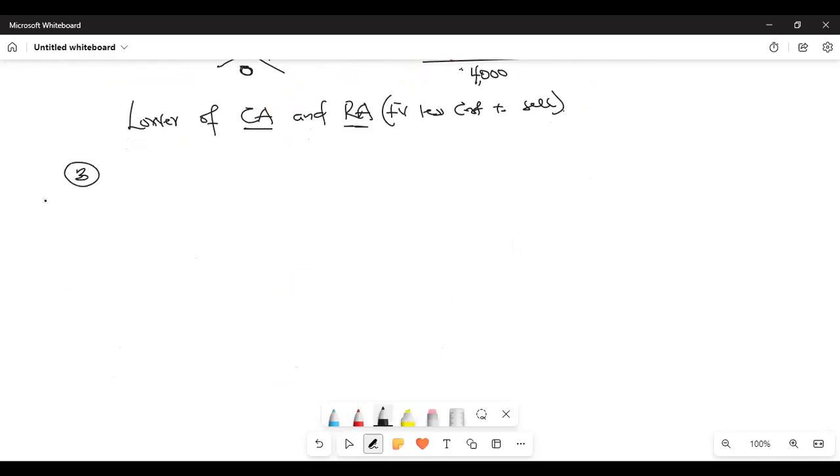Key issue number 3 is about an asset that has been revalued before it is classified as NCA held for sale. If you have a particular asset that is measured at fair value or the revaluation model, and it is now classified as NCA held for sale, then the standard tells us that it should be revalued as per IAS 16 or IAS 40 before the reclassification is done.